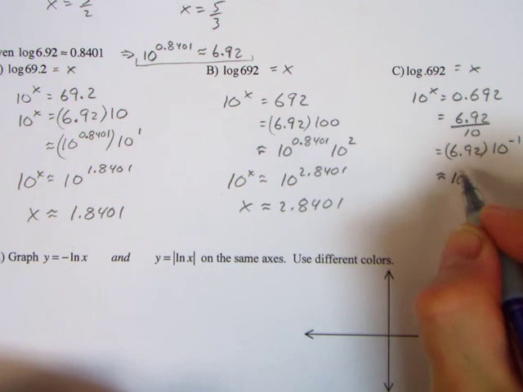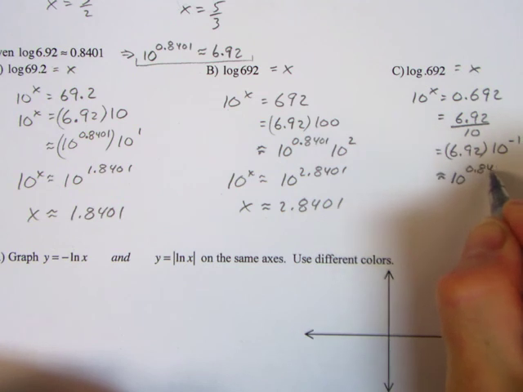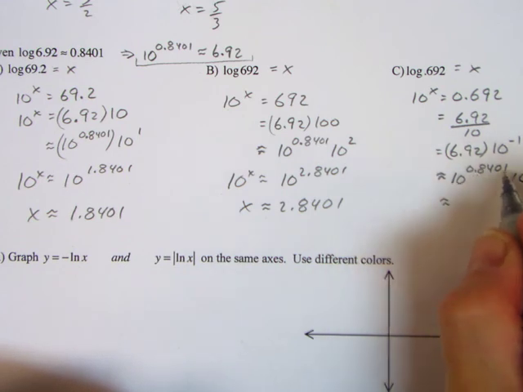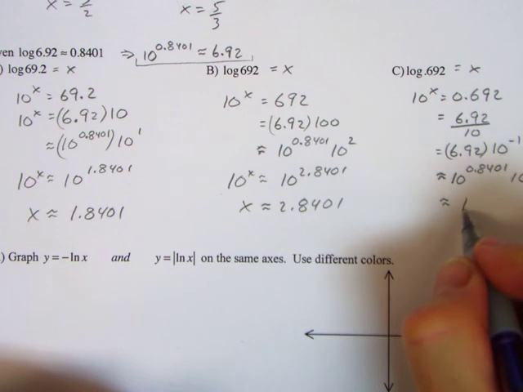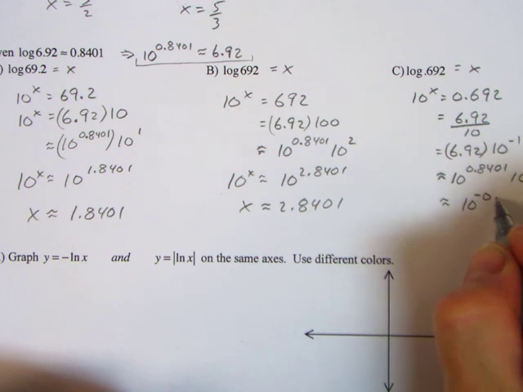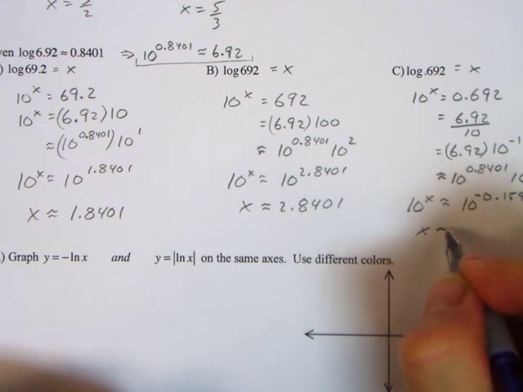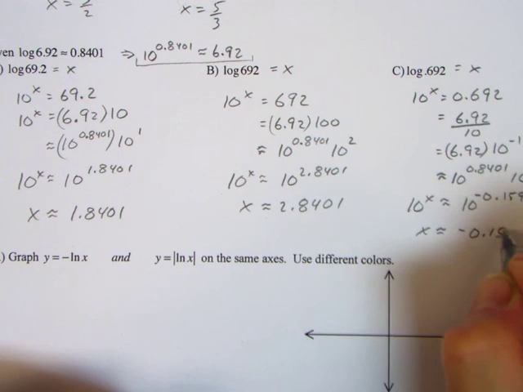Now I can do my approximation. 0.8401 times 10 to the negative 1. We add the exponents, so we have 0.8401 plus negative 1, and we'll get 10 to the negative 0.1599. So that's going to tell us x is approximately equal to negative 0.1599.